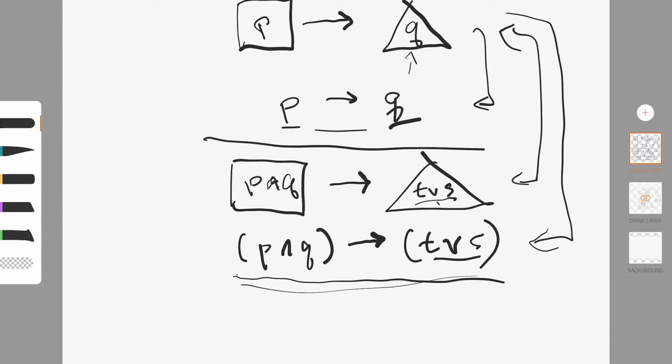Now, one thing I want to point out, it may seem obvious to you, but I just want to say this explicitly. This expression, P implies Q, is a completely different expression than P and Q implies T or S. In other words, the P and the Q that are involved are variables, so they stand for any proposition, as long as it is a proposition with a truth value.